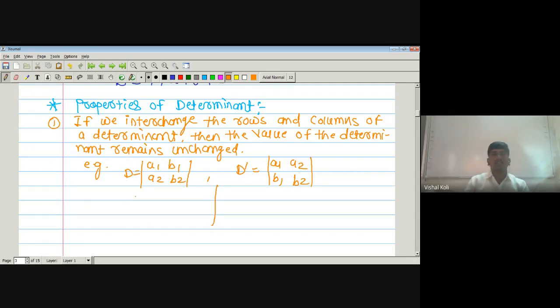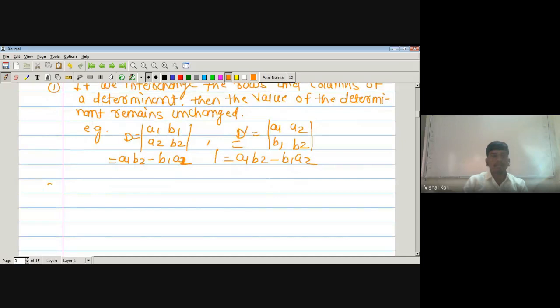The determinant of the first one is a1 b2 minus b1 a2, and the value of D dash is a1 into b2 minus b1 into a2. So this property is correct: whatever the order of the determinant, if we interchange its rows and columns, there is no effect on its value.